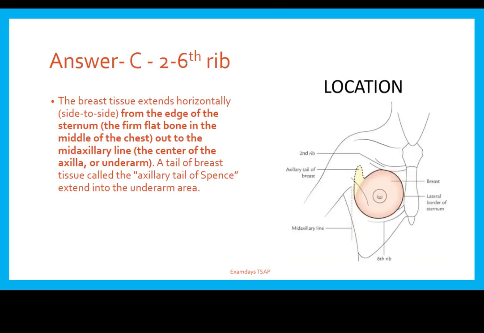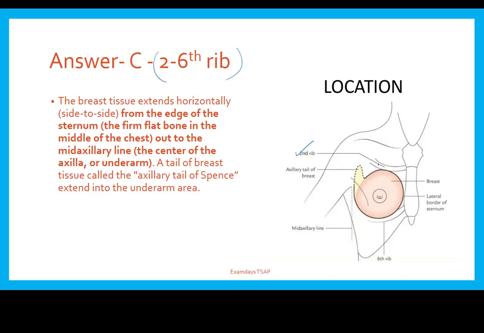The breast tissue extends horizontally, side by side, from the edge of the sternum, the firm flat bone in the middle of the chest, out to the midaxillary line, which is the center of the axilla and underarm. The breast tissue extending to the underarm area is called the axillary tail of Spence. So the answer is 2 to 6th rib.